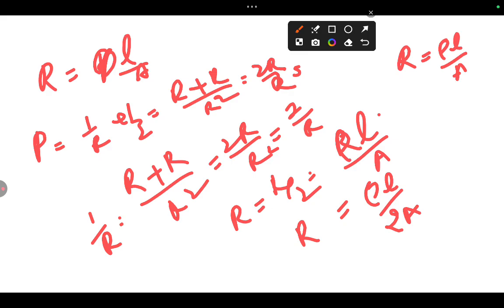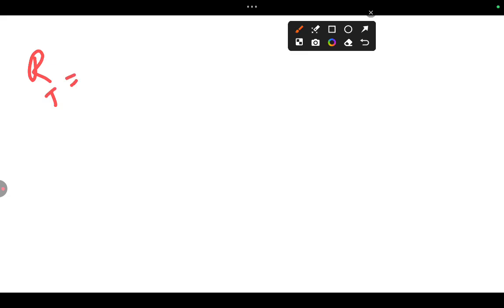X and Y are both in parallel, and Y and Z are in series. So Y and Z are related in series, and this is just R equal to rho L by A. Now we will consider the total resistance. R total equals R XY plus R YZ.